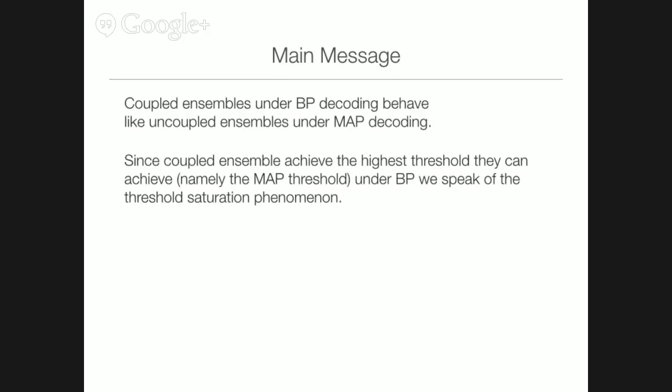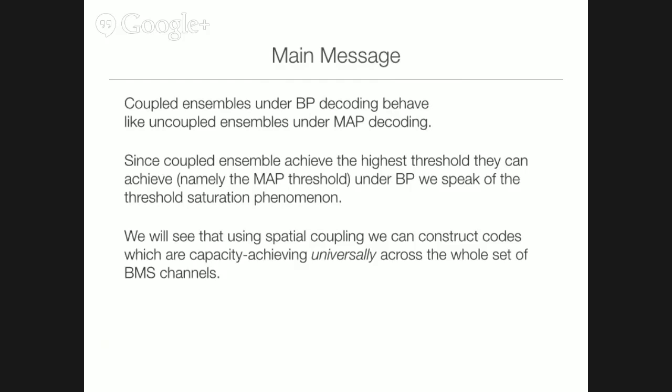Okay, before I talk a little bit about how to characterize these thresholds and potentially how to prove things, let me just say what the main message is. If you take a standard code, like LDPC, turbo codes, whatever, then this will have a BP threshold and it will have a MAP threshold.